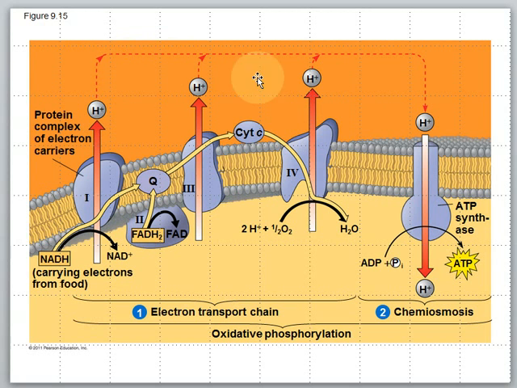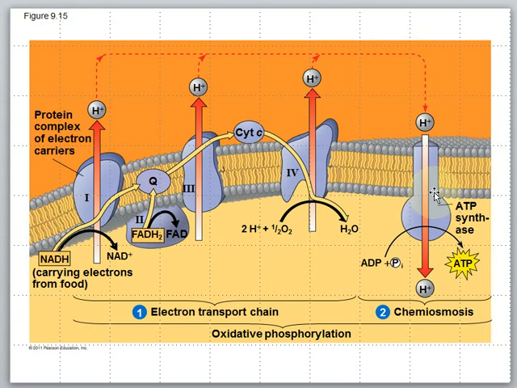Now there's a lot of H plus ions already up here, so this is against the natural electrochemical gradient. We are adding a lot more positive charge, and we're adding a lot more H plus ions up here. Well, those H plus ions would rather just come across this membrane and even out the electrical charge and even out the whole gradient. So they move through this protein called ATP synthase.